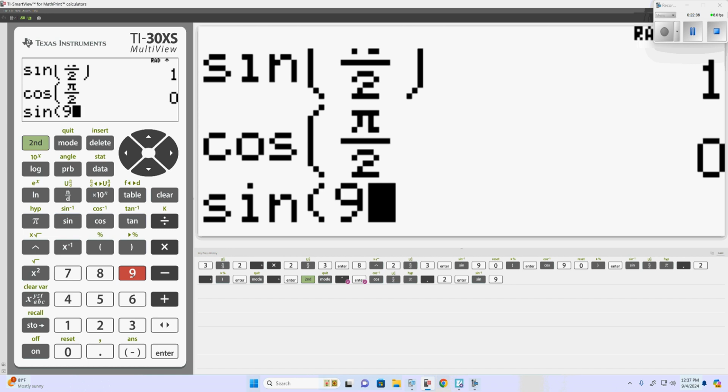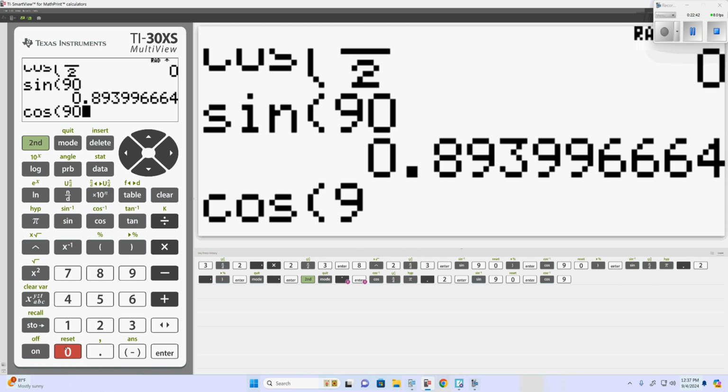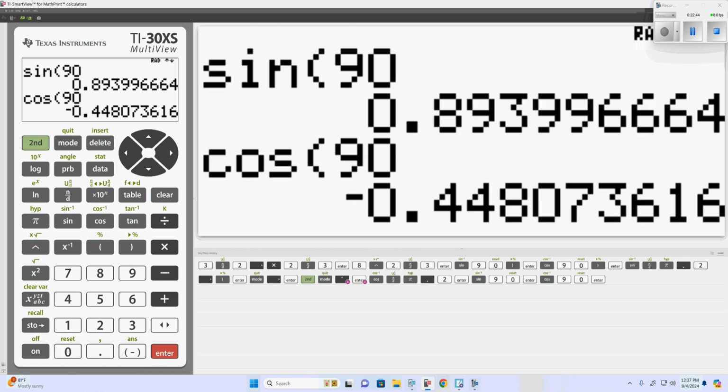If I try to do sine of 90, I'm not getting 1. Cosine of 90 is not 0 anymore. They give us completely different values. Kind of makes sense? Those two memes that I've had on the wall for a while, about whether you're awake or sleeping, this is what it's talking about.